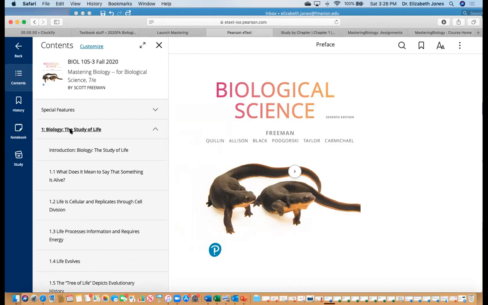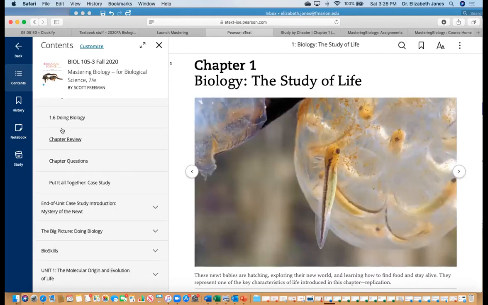So if we click on this, go to chapter 1, one of the options that we have is to go here and use some of these different apps, or whatever you want to call them, different add-ons. You can use a notebook here to take notes if you want to do that. One of the apps that I like is their study app.